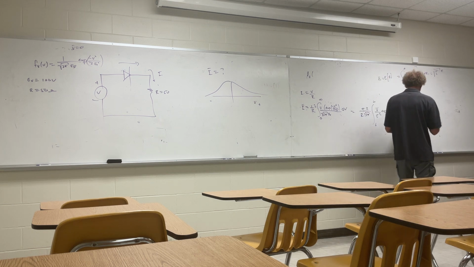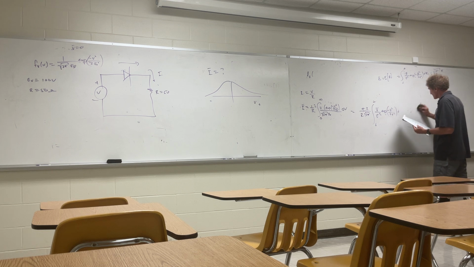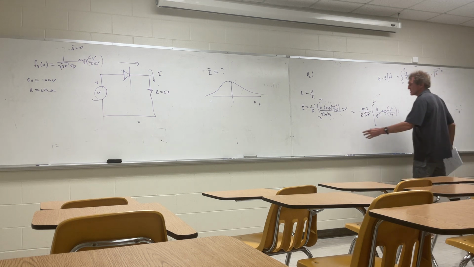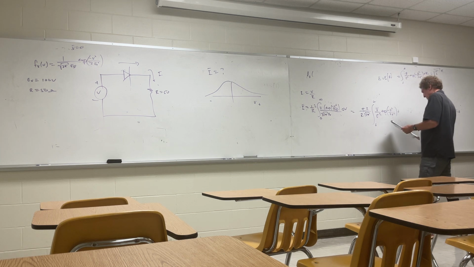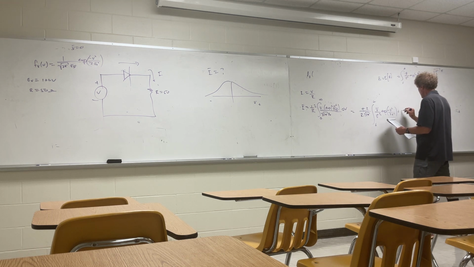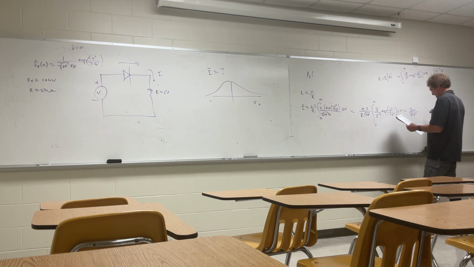This isn't going to make a whole lot of sense to you. I'll have to talk about this last part, but when you do the statistics, if you just do this integration right here, with the right statistics, you're going to end up getting this equal to 200 over the square root of 2 pi divided by 50.